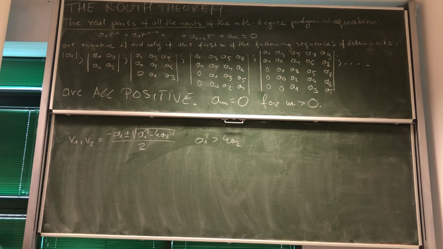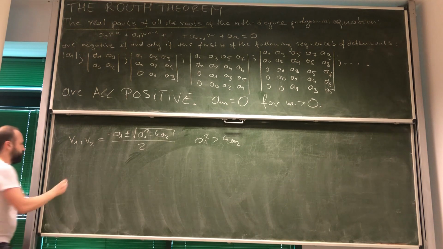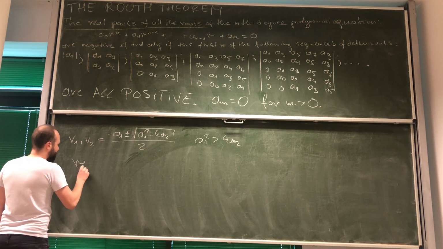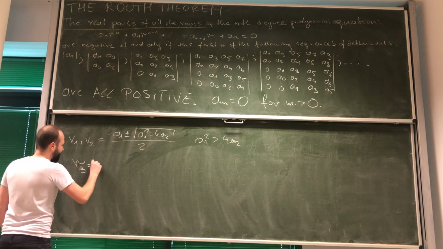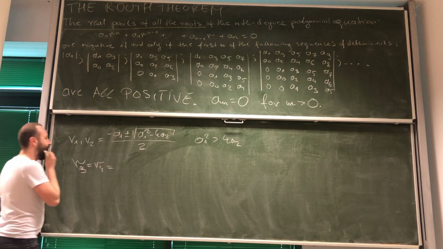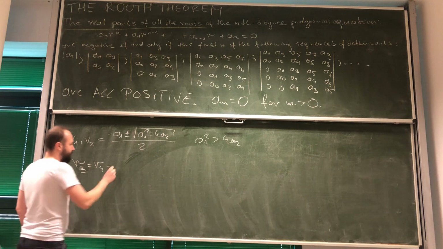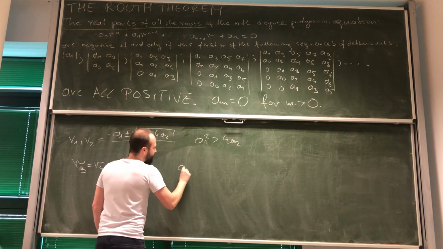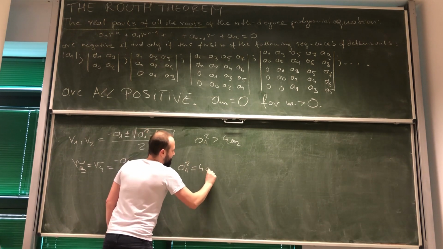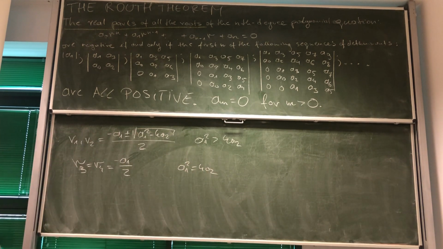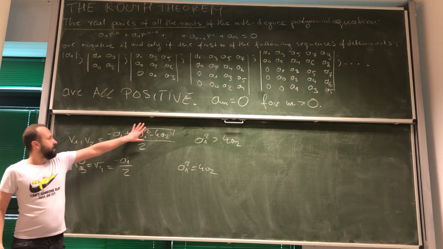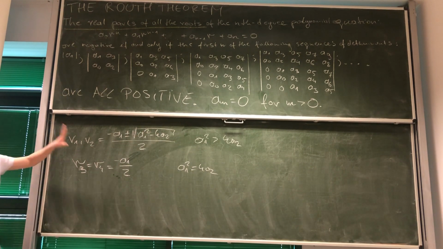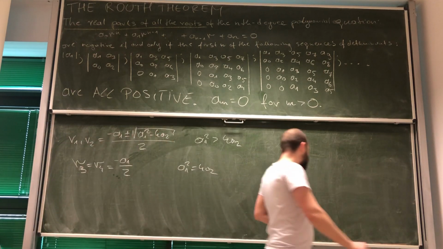Then we have a case of repeated real roots, right? So we wrote that we have r3 equal to r4, and they were both equal to negative a1 over 2, because in this particular case this part disappears, and we've got just this. This is a real number.